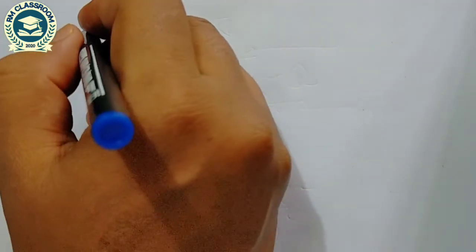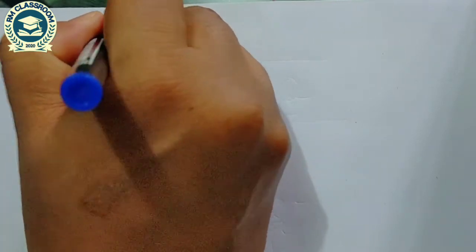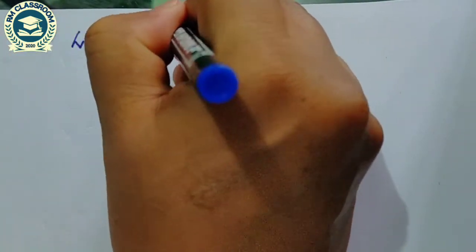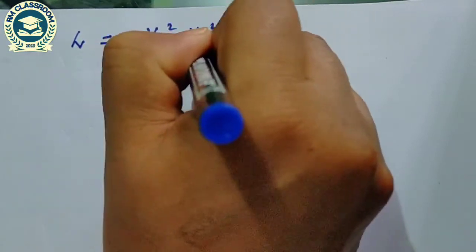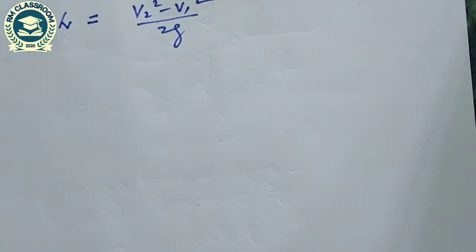P1 by gamma plus Z1 is the piezometric head. So the piezometric head difference, let us assume H, is equal to V2 square minus V1 square divided by 2G.